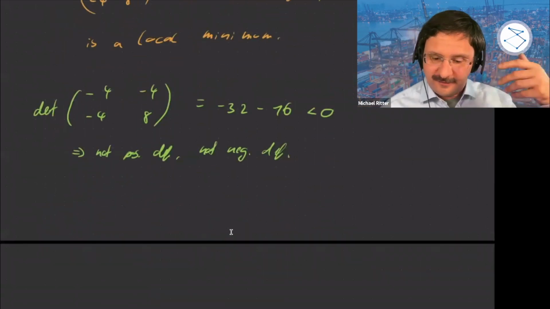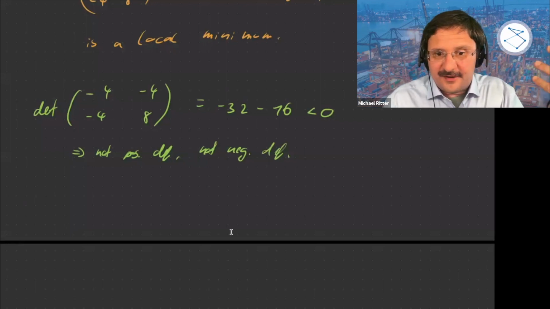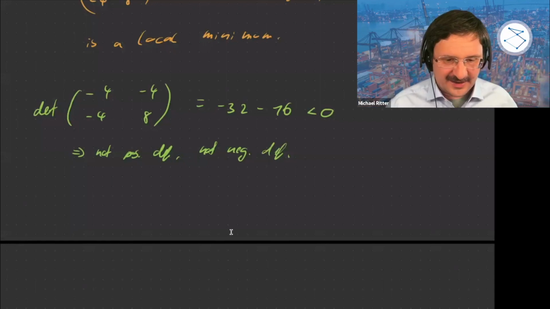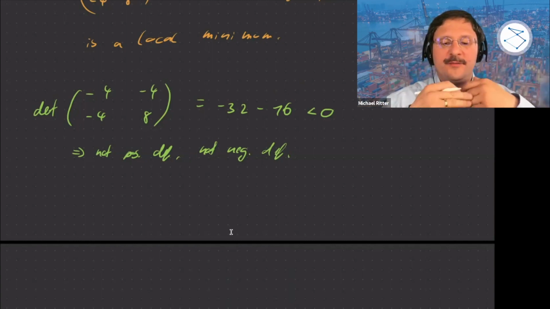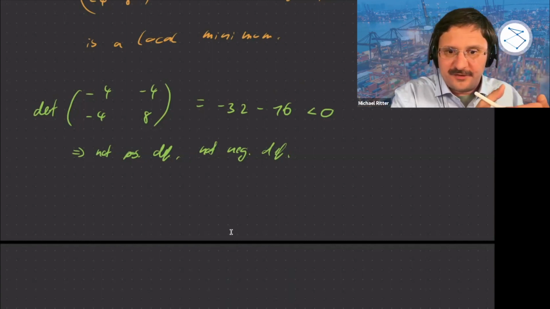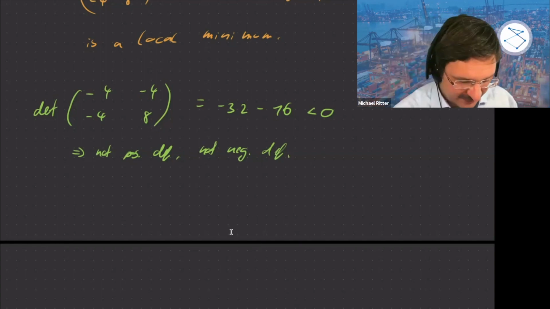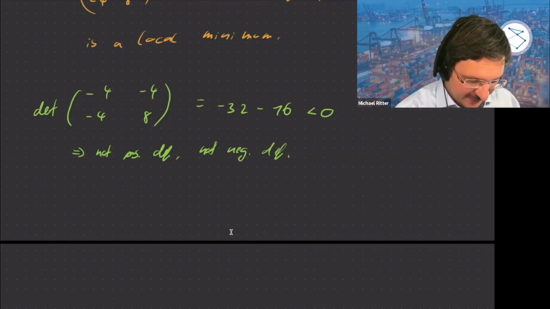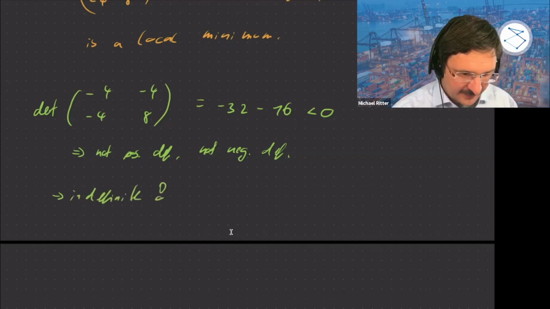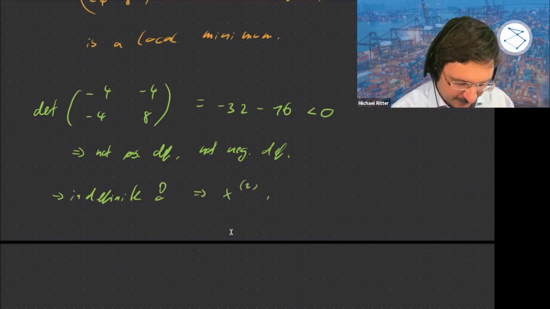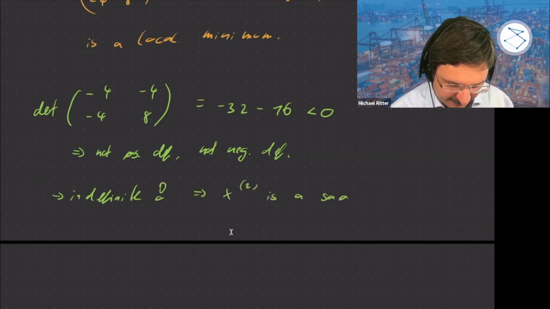That means we could find vectors in both directions: vectors that will get a positive result and vectors that will get a negative result. This matrix is an indefinite one. Okay, so that means our point x2 is in fact a saddle point.